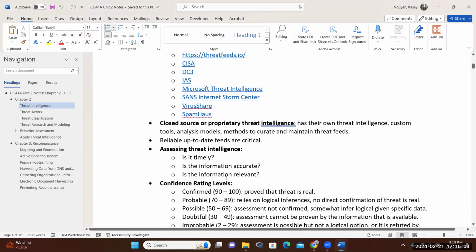So there are closed source and proprietary source intelligence. That means that there would be a company that has a database of threats. And in order for you to access that, you have to pay them some type of subscription or a solution for security, right? Some security companies make sure that they capitalize on it. So proprietary information.